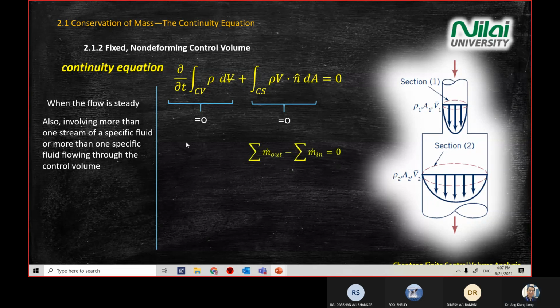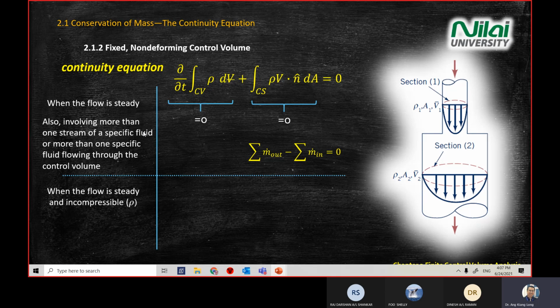However, to calculate the control surfaces component, we calculate the mass going in, which equals the mass going out, as we already covered in a previous example. So when you derive from the continuity equation, you write the sum of m dot out minus the sum of m dot in equals 0.